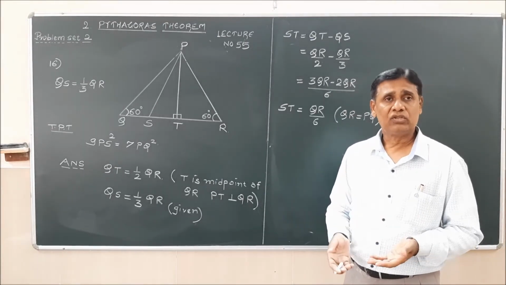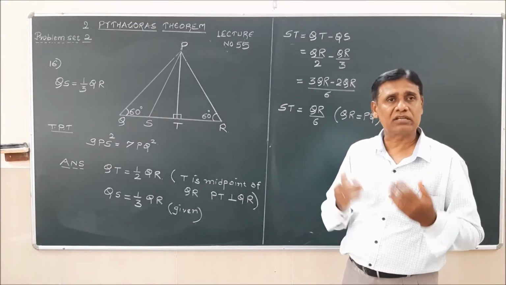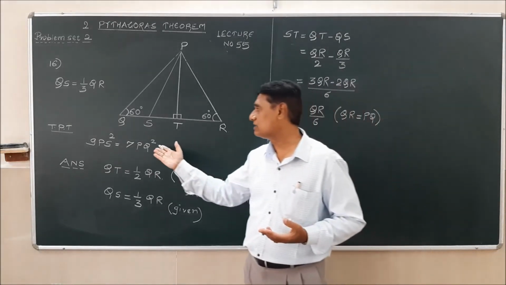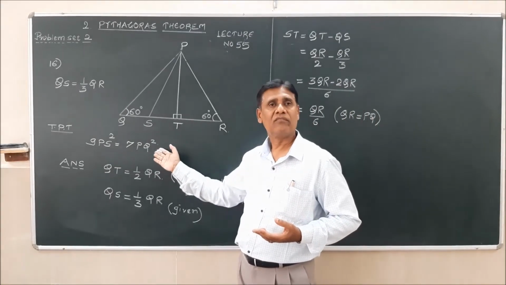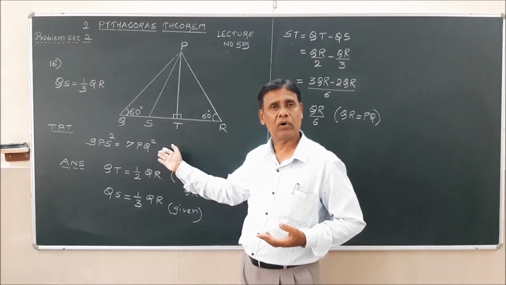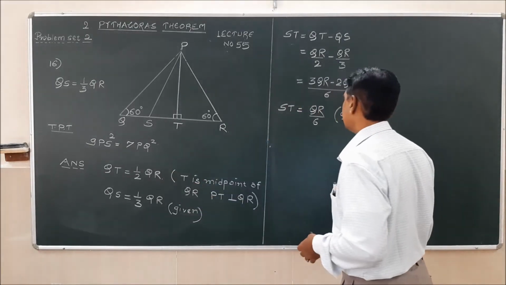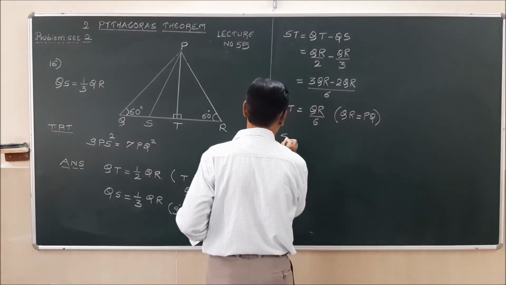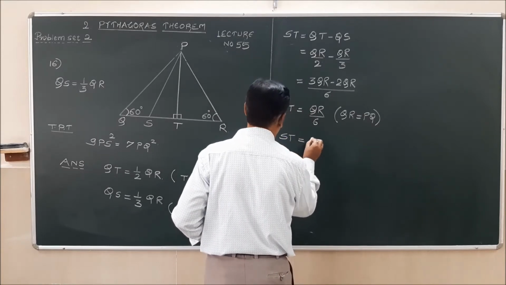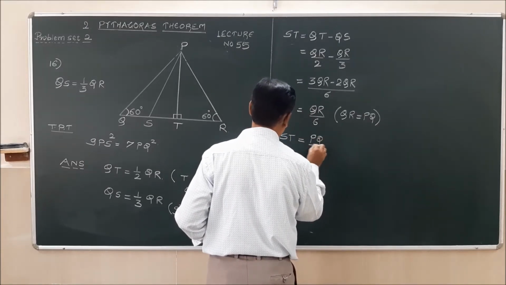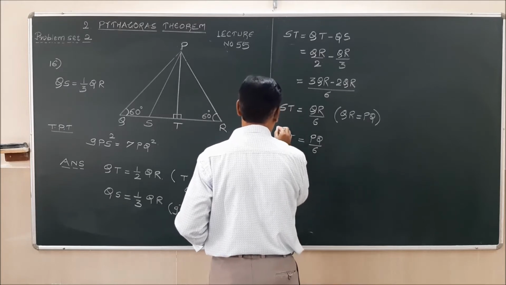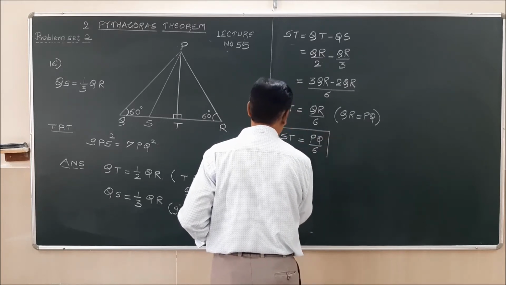And why? To express QR in terms of PQ, because the final result is in PQ. Very, very important. So you will get ST is equal to PQ upon 6.